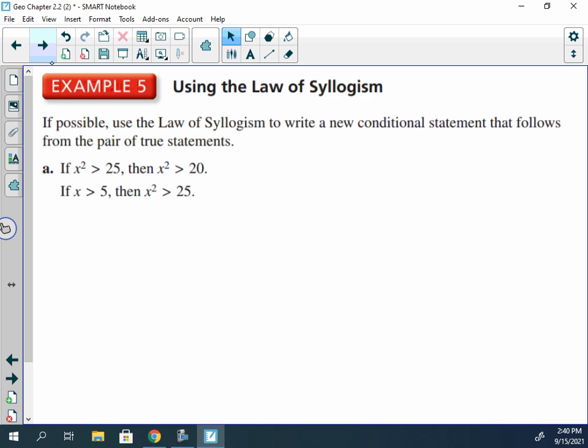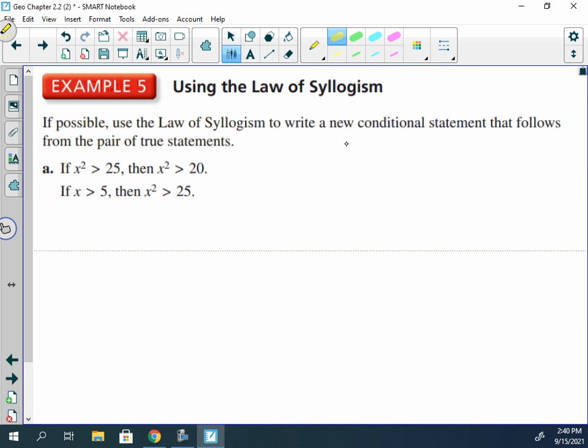Well, yes. If a number is greater than 25, it's also going to be greater than 20. That is a true statement. If x is greater than 5, then x squared is greater than 25. Well, 5 squared is 25. So if a number is greater than 5, its square is going to be greater than 25. These are two true statements.